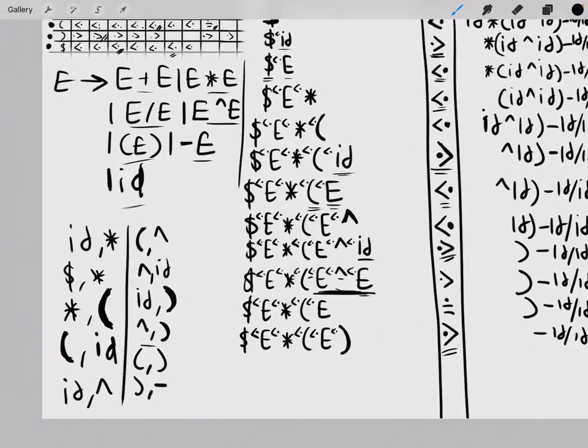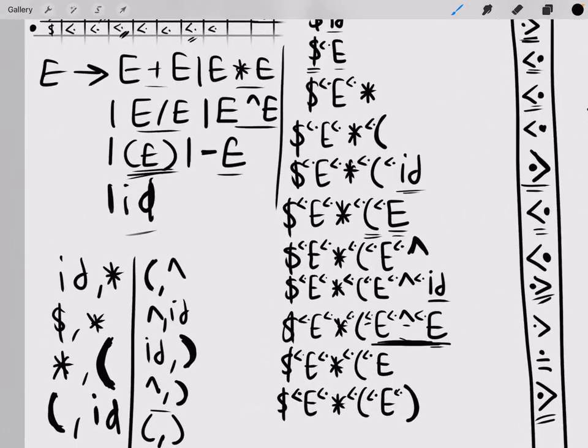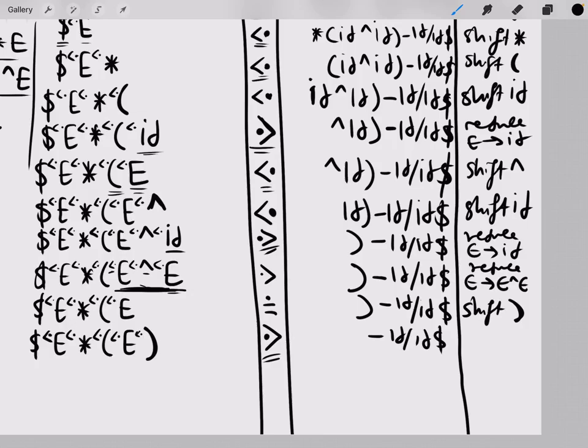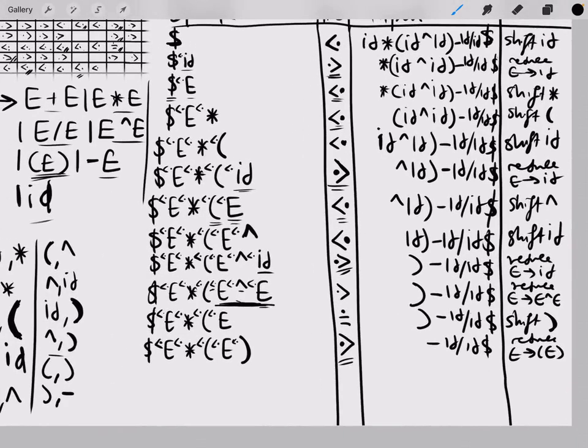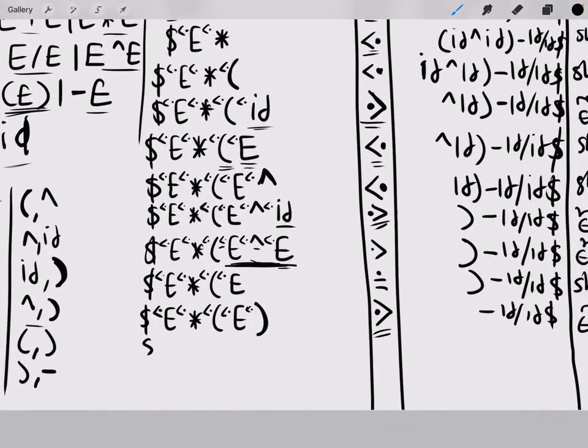And from our productions, we can see the handle over there. So we reduce E derives this guy. And when we do that, we are going to have E.